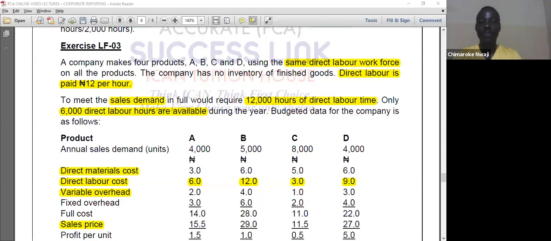Surprisingly, when we compare contribution per limiting factor with contribution per unit, D was still carrying the first. Fine. The second is C. But you see, C here in contribution per unit happens to be the last, but in contribution per limiting factor, it is the second.